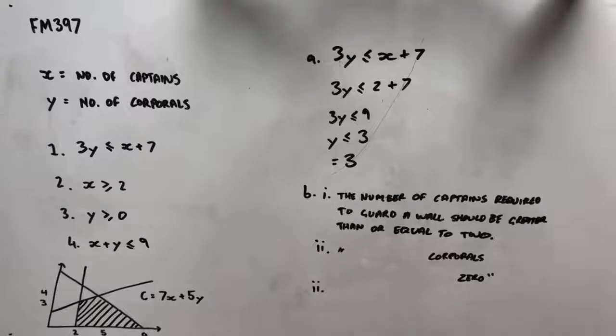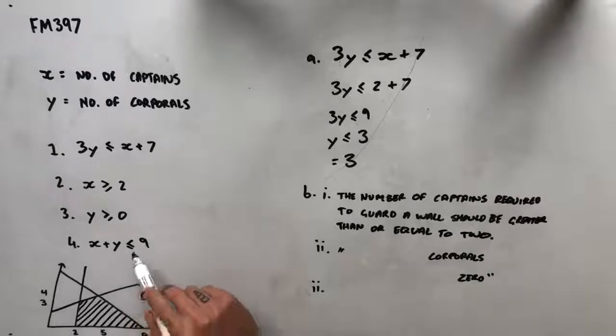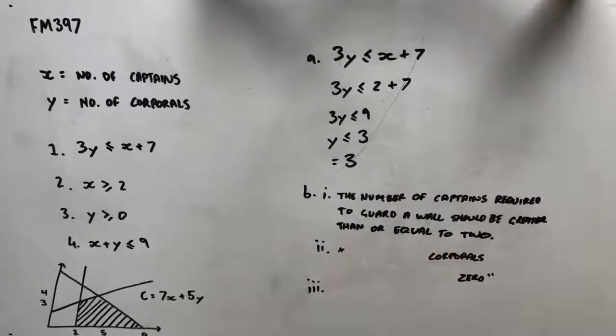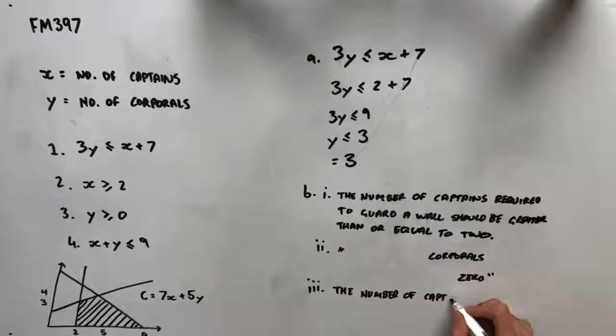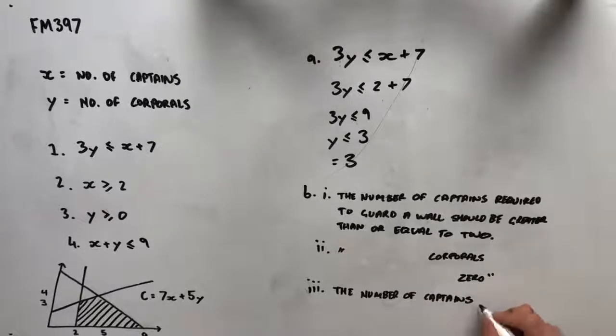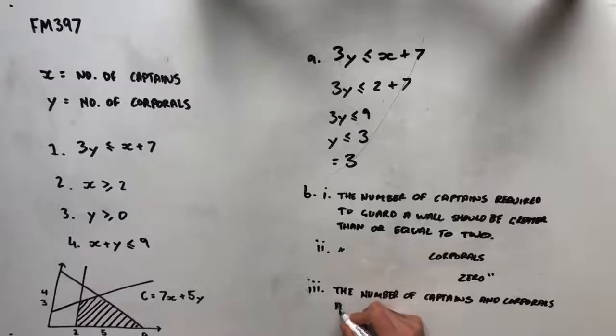Constraint number 4, so this one might be a little bit trickier. So we've got x, which is the number of captains, plus the number of corporals should be less than or equal to 9. So in this case, we should probably make this one different to the last. We might write something to the effect of the number of captains and corporals, and we could put something in here to be very specific, like as a sum total.